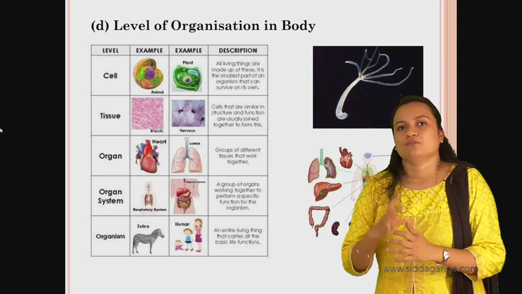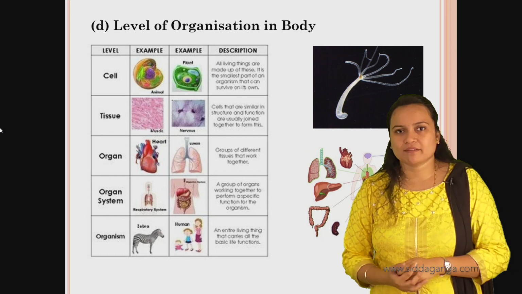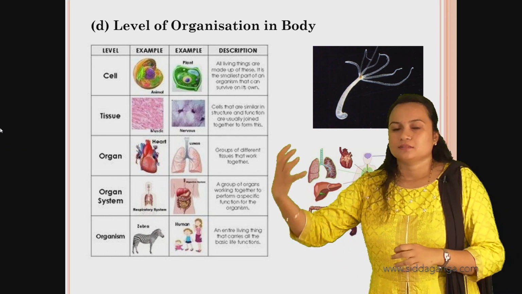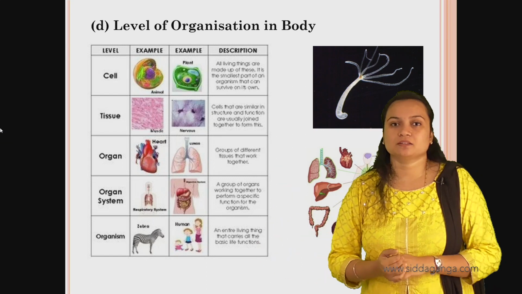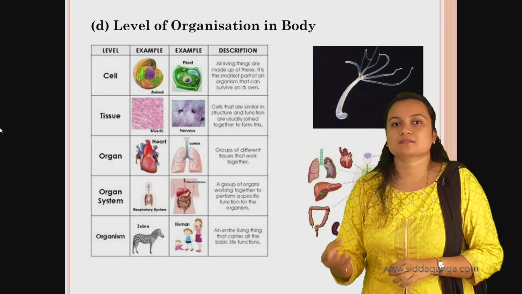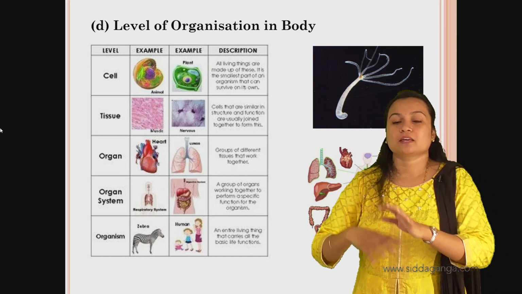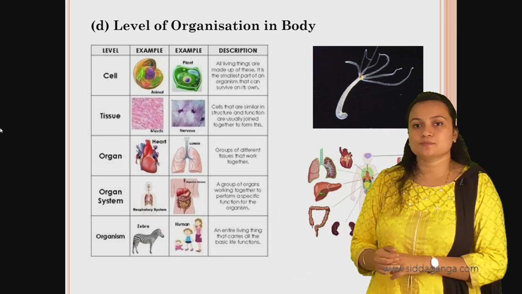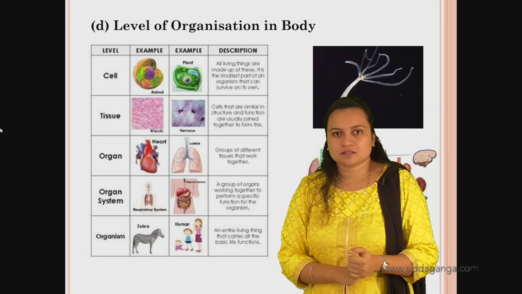So today we discussed the diversity, the biodiversity, how there are different types of organisms and how they differ from one another, based on size, lifespan, and appearance, right? There are different varieties of organisms, and the basis of classification is characters.